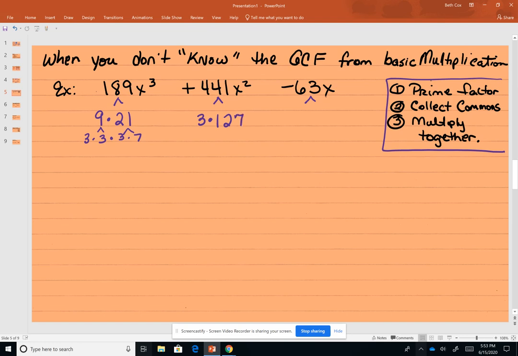Okay, so now what about 127? Don't think that's right. I know 3 works, but something's not. Oh, it's 137. My bad. I knew something wasn't right. 137? No, that's not right either.